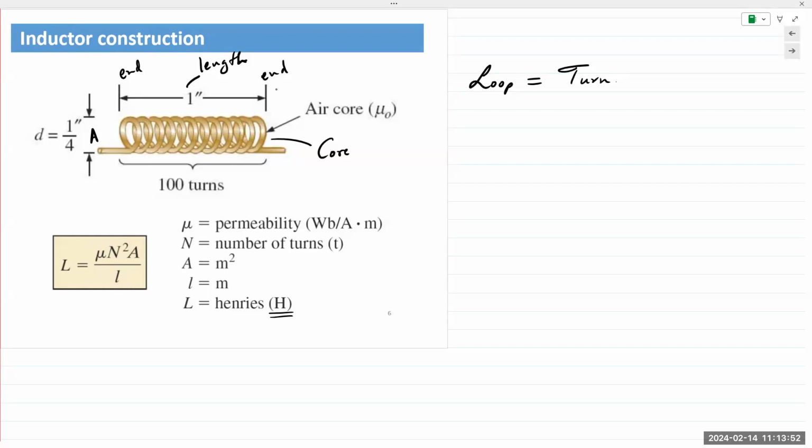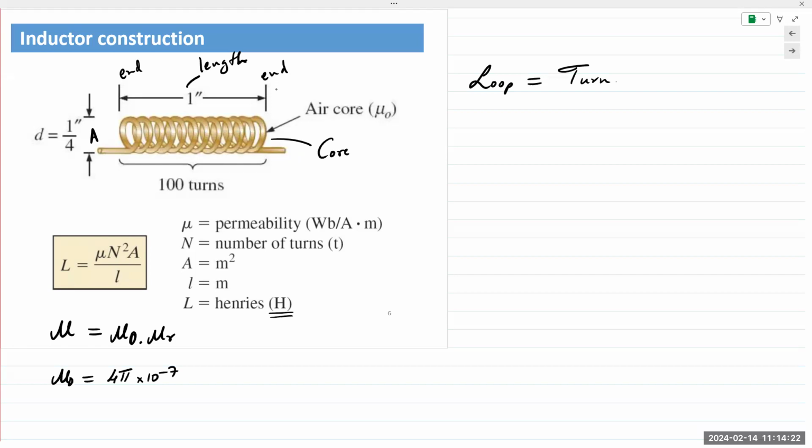So mu again is the permeability, and it's given by the product of mu 0 and mu r. Mu 0 is the absolute permeability, or the permeability of free space or vacuum. It's a constant, and the constant has a value of 4 pi times 10 raised to minus 7.